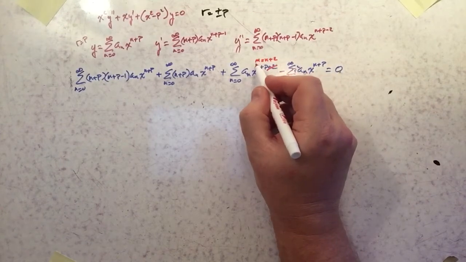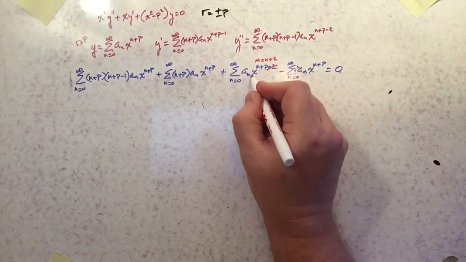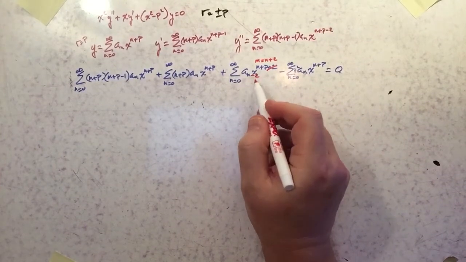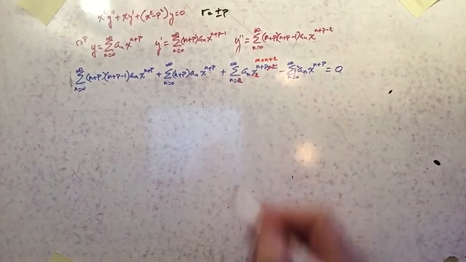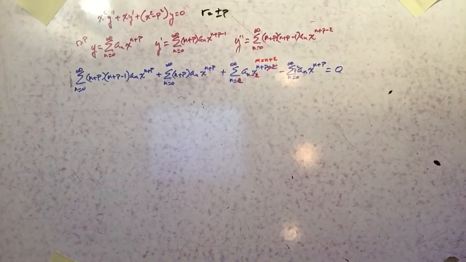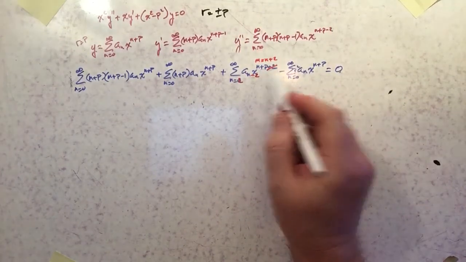N is going to be replaced by m minus 2, so the new n's have to be minus 2 also. So that's going to be a_(n minus 2). And this series will have to start at 2, because there's no such thing as a minus 1 or a minus 2.